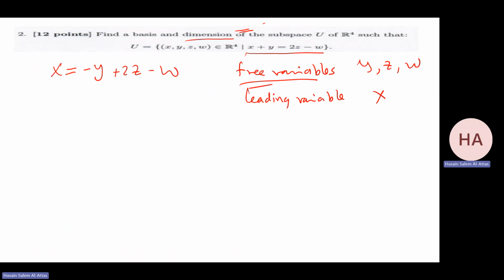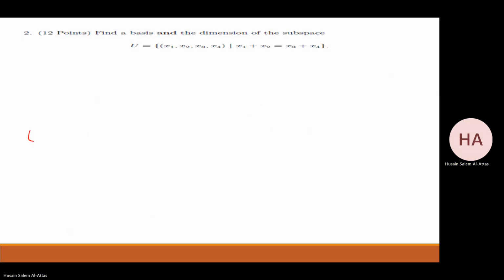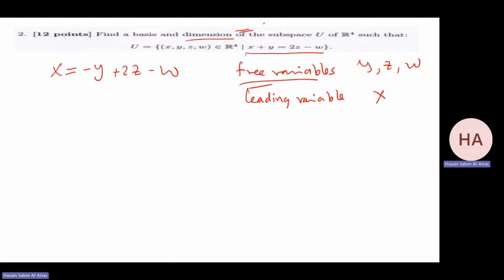I write the solution. I have the solution x, y, z, w. Write it in terms of y, z and w. That will be minus y plus 2z minus w. You can write this with t1, t2, t3: y is t1, z is t2.